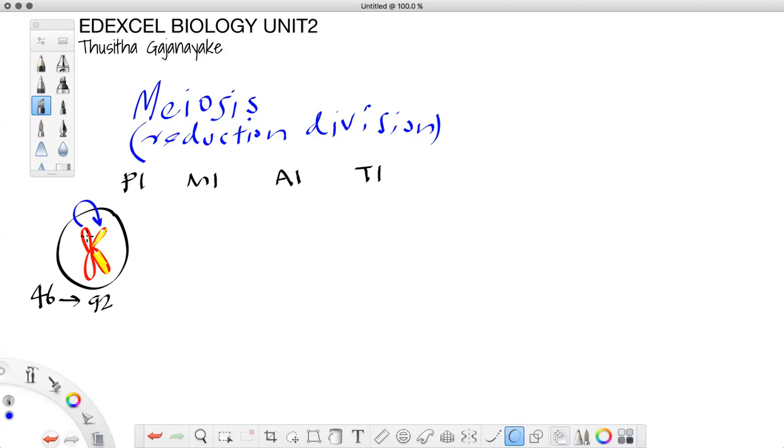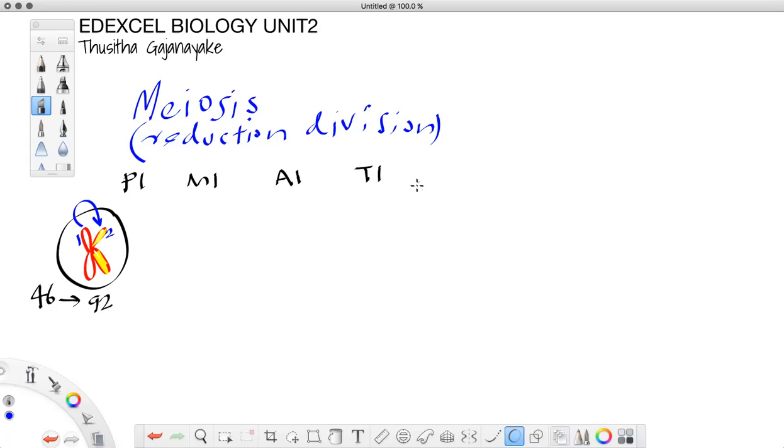That's why we consider it as 92. The completely red one is the first molecule of DNA, and it is replicated to make the second version. Second one is a copy of the first one. So then we have 92.